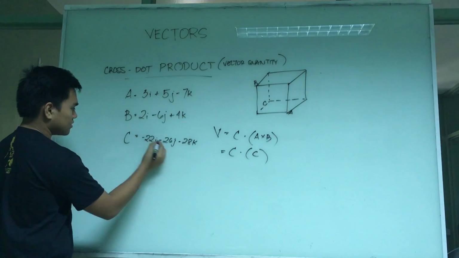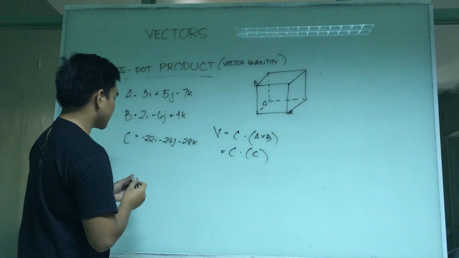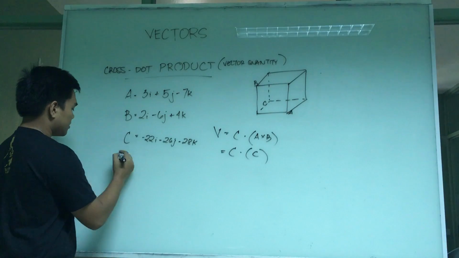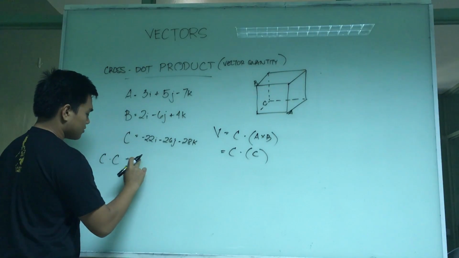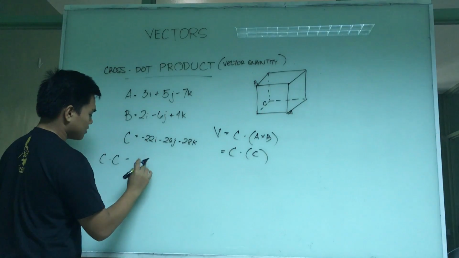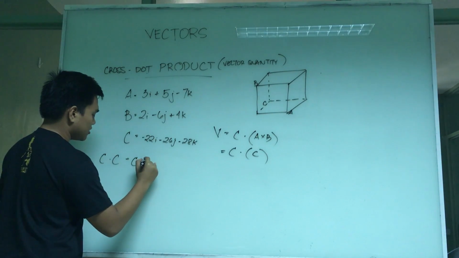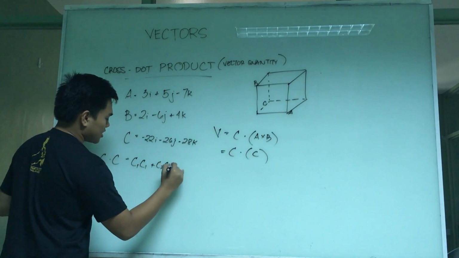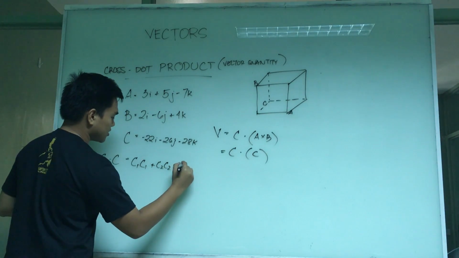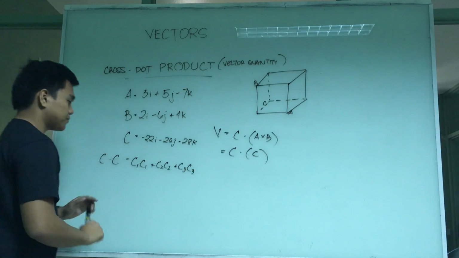So C is negative 22i minus 26j minus 28k, and now C dot C would be equal to C sub 1 times C sub 1 plus C sub 2 times C sub 2 plus C sub 3 times C sub 3.